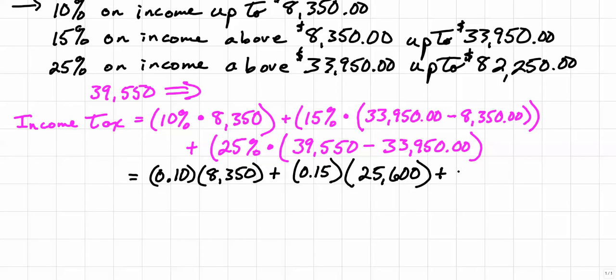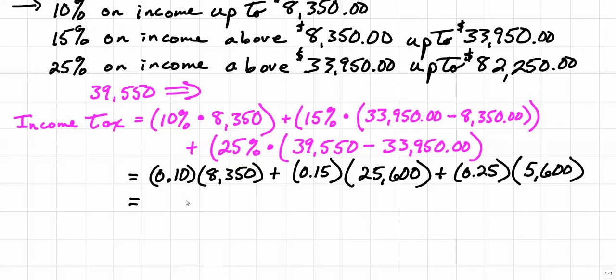And then we'll add to that 0.25 times the difference between 39,550 and 33,950, which is $5,600. Now you can just type this right into your calculator. But I'm going to go ahead and do each one of these individually.